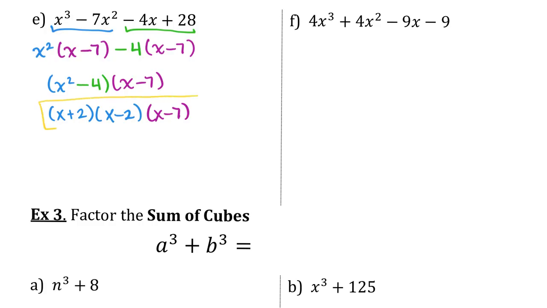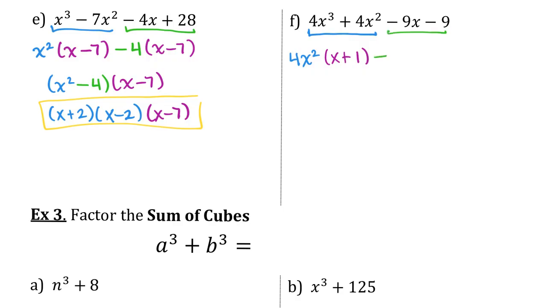Okay, for E, I had x squared minus 4, and I could factor that into x plus 2 times x minus 2, so I did. X plus 2, x minus 2 and x minus 7, and the order of your terms does not matter. Okay, what can I take out here? 4x squared times x plus 1. Okay, what am I taking out?